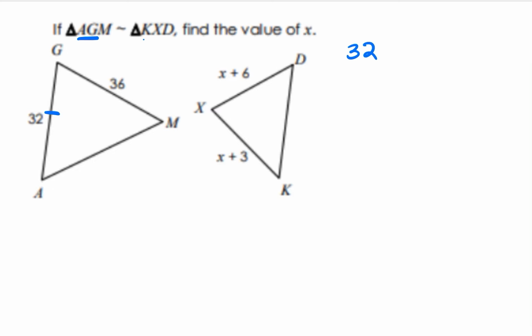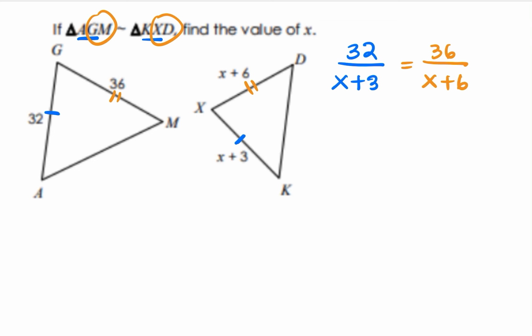I'm going to pair that with KX, which is this side, so that is over x plus 3. And then the next one is GM, this side of the triangle, 36, over XD. XD is this side, so I will have x plus 6.